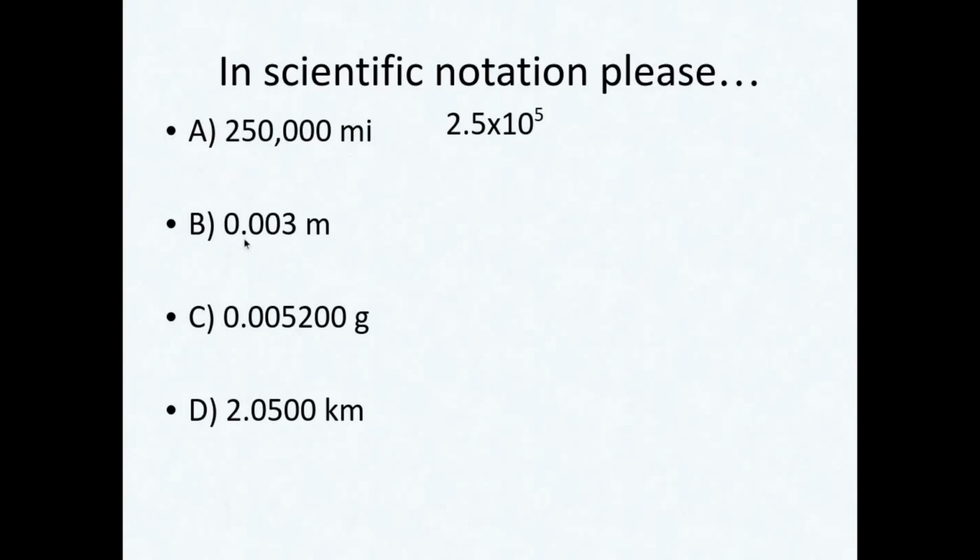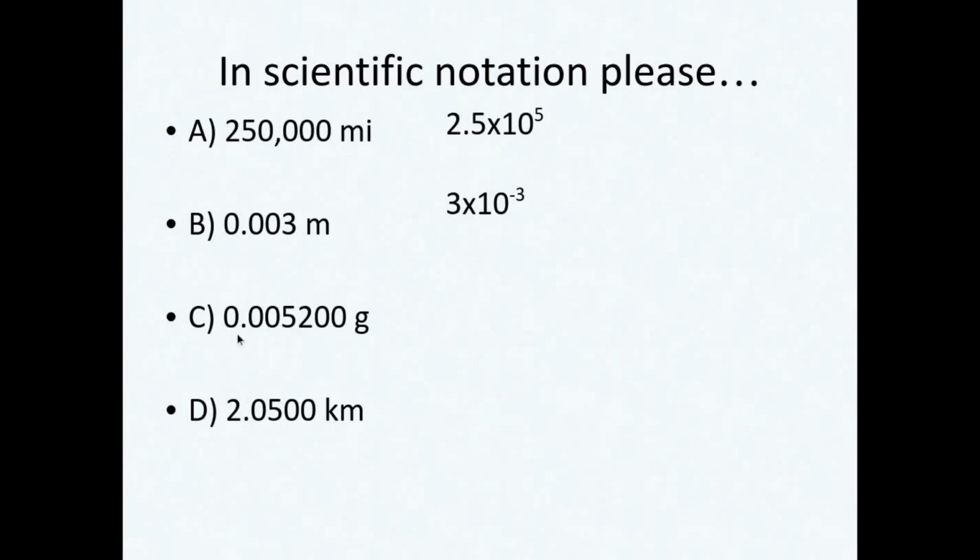For B, we would move our decimal over 1, 2, 3 times, so that would give us 3 times 10 to the negative third. When you have numbers that are less than 1, you're going to have negative exponents.